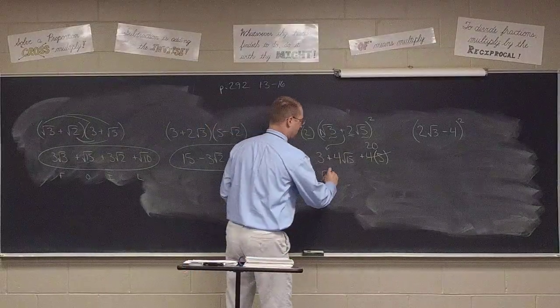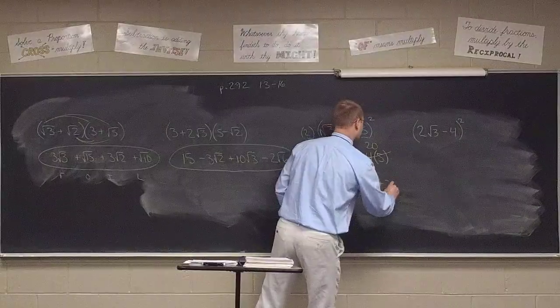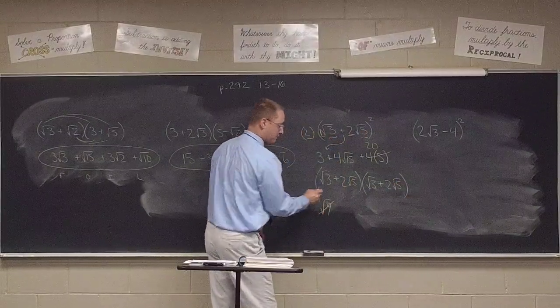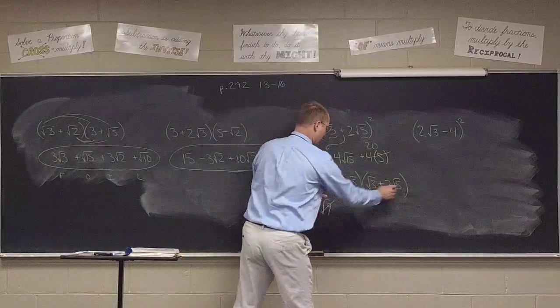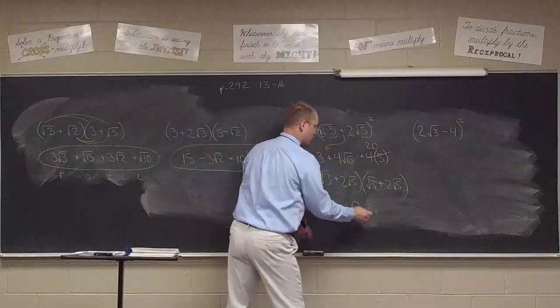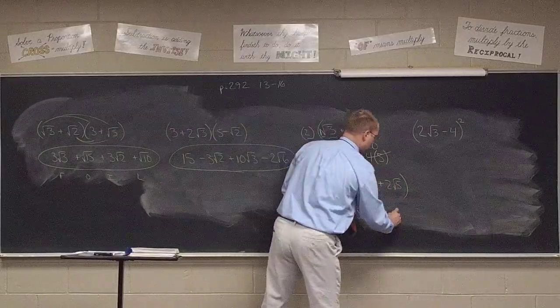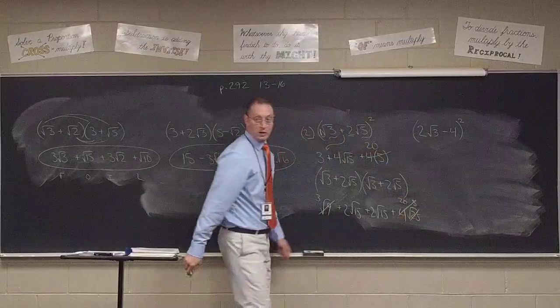As opposed to, Brecken, square root of 3 plus 2 square root of 5. Your first is the square root of 9, which becomes 3. Your outer is a 2 square root of 15. Your inner is a 2 square root of 15, and your last is a 4 times the square root of 25, which is 5, which is 20.